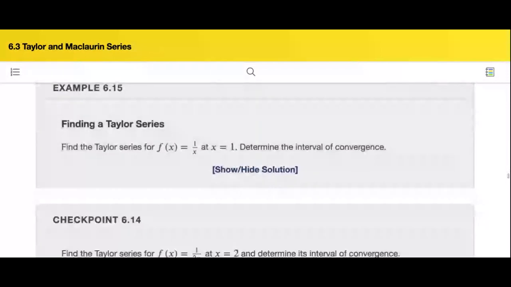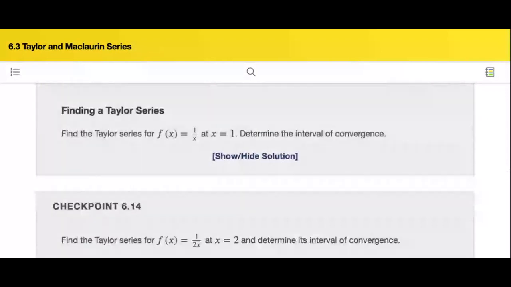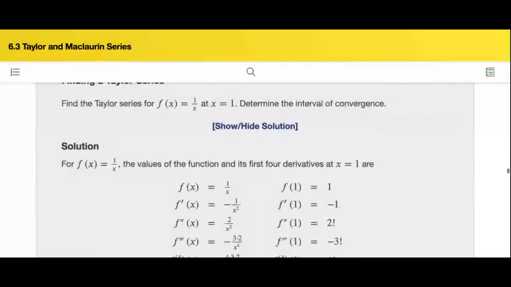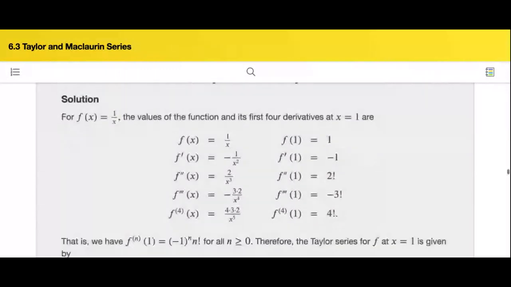So we also talk about representing a function, especially a rational function, with the Taylor series or with the Maclaurin series. And if we do that, we can determine the interval of convergence. So this function is 1 over x. We'll take the derivative up to fourth order.